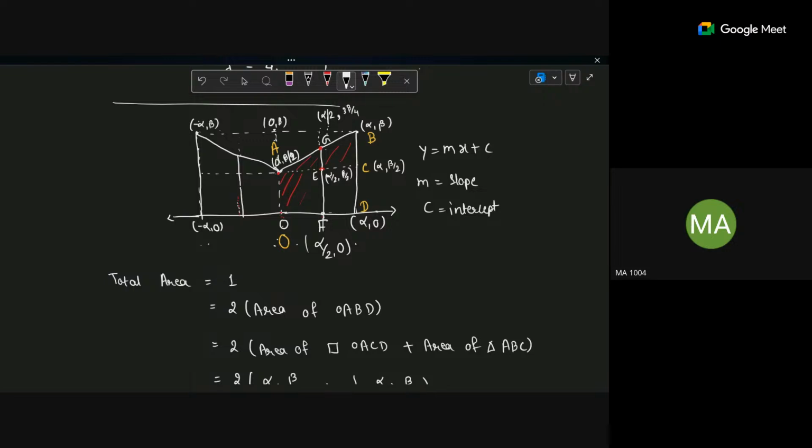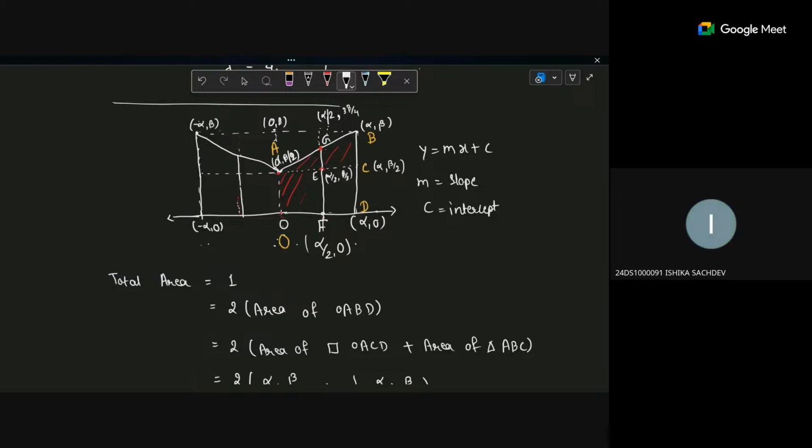Now your line EG is parallel to the other side of triangle ABC, that is BC. Just look at the triangle ABC. The line EG is parallel to BC, which means this line EG will intersect at the midpoint of your line AB.